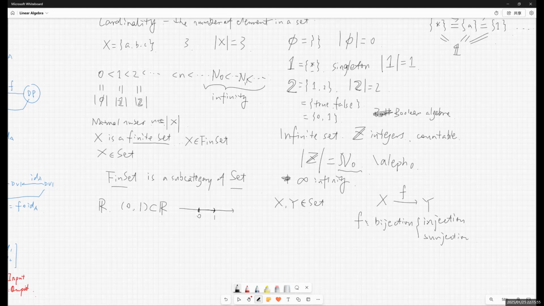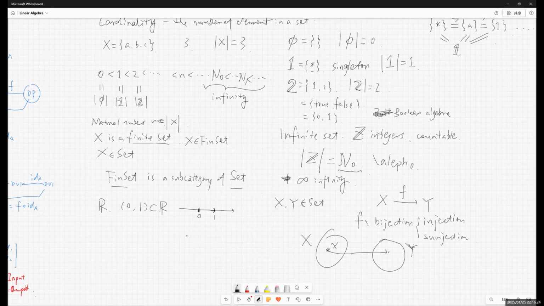Let me explain the injection. That means if you have elements x in the set X, every element in X can be mapped inside Y. This is injection.